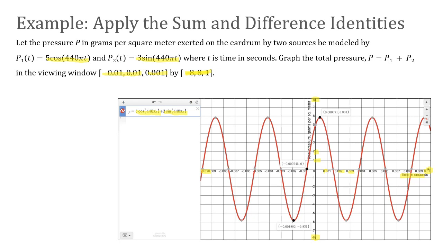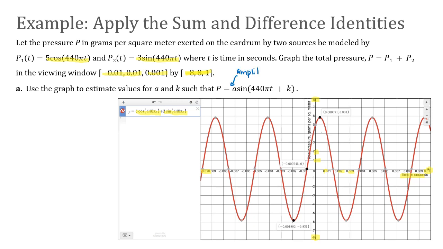Okay, so we graphed the total pressure, and let's go to the question. The question says, use the graph to estimate the values for A and K such that P is equal to A times the sine of the quantity 440 pi t plus K. All right, so A is my amplitude, isn't it? So from the midline, what are the extremes?